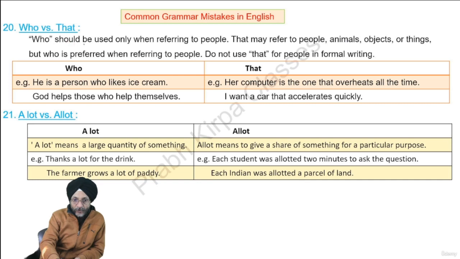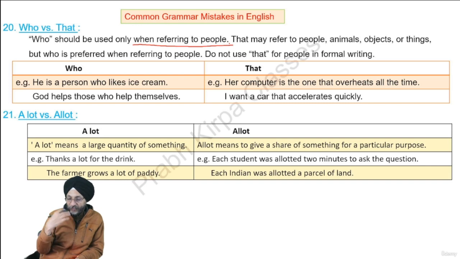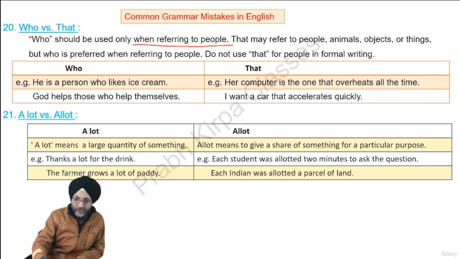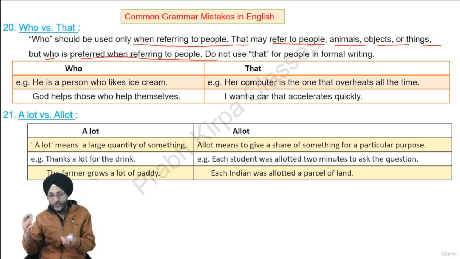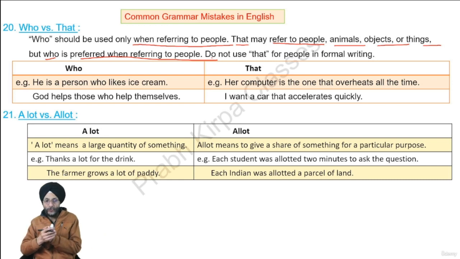Who versus that. Who should be used when we are referring to people. That may refer to people, animals, objects, or things. But the word who is preferred when referring to people. That is, when we are talking about people, we should use the word who, preferably.